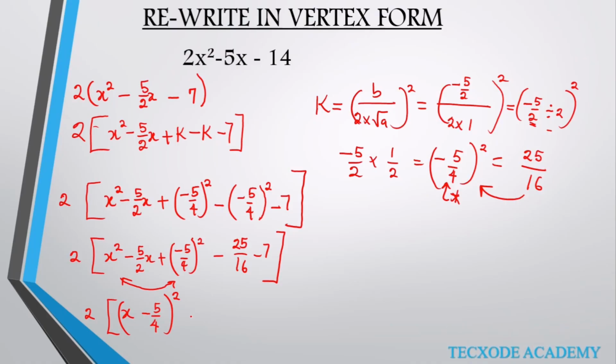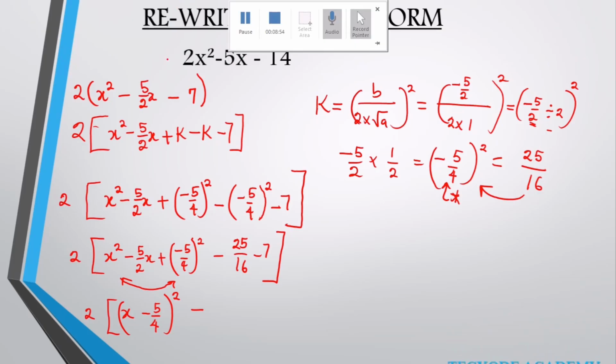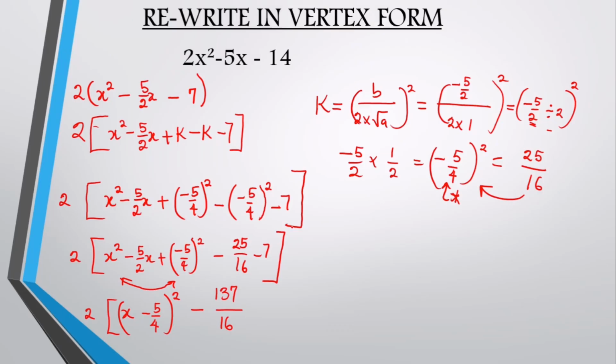Now minus this, this would be 16. This will be 16. So this is negative 137 over 16 to save time too. When we do that properly, we're going to get something like that.